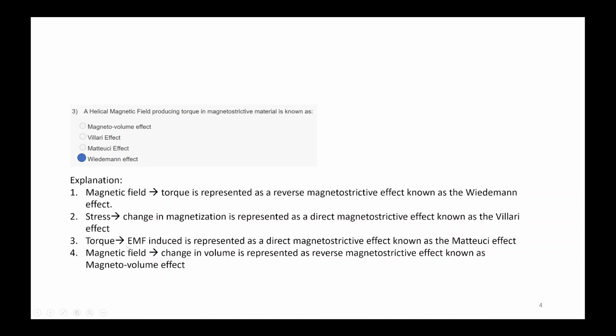When torque is converted into EMF induced, it is represented as direct magnetostrictive effect known as the Matteucci effect. And when magnetic field is converted into change in volume, it is represented as reverse magnetostrictive effect known as magneto-volume effect.